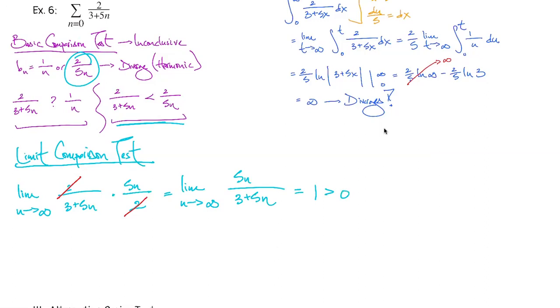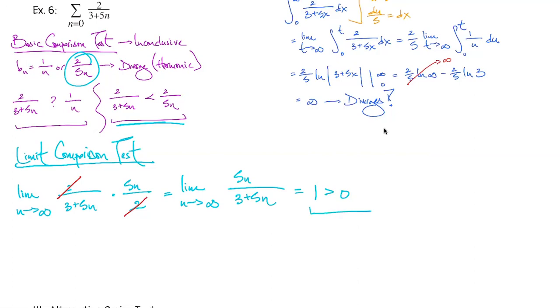And 1 is greater than 0. What does that 1 mean? Both series diverge. Okay. It means that it doesn't tell you it converges or it diverges. It tells you it does the same thing as the one that you're comparing it to.